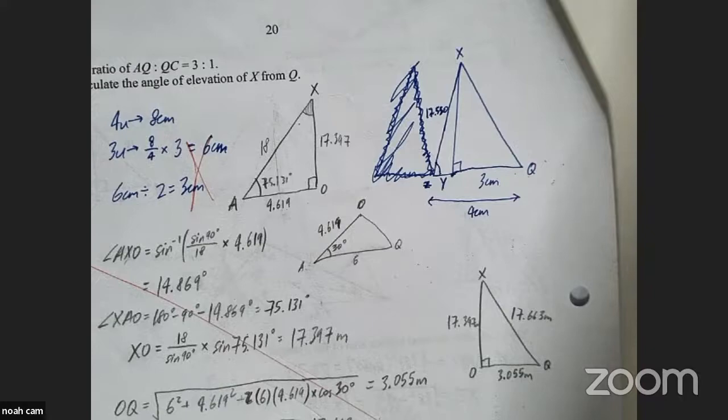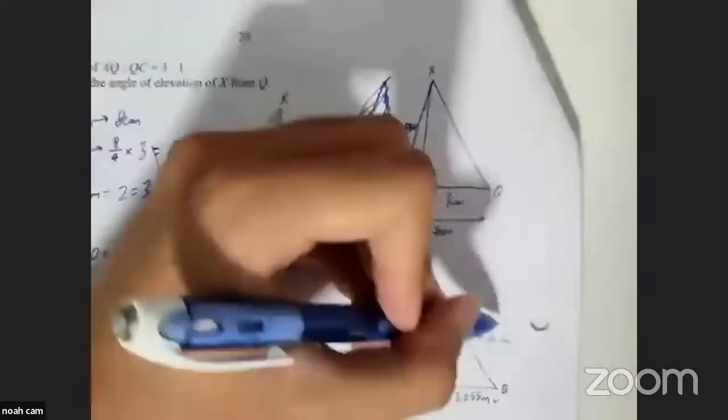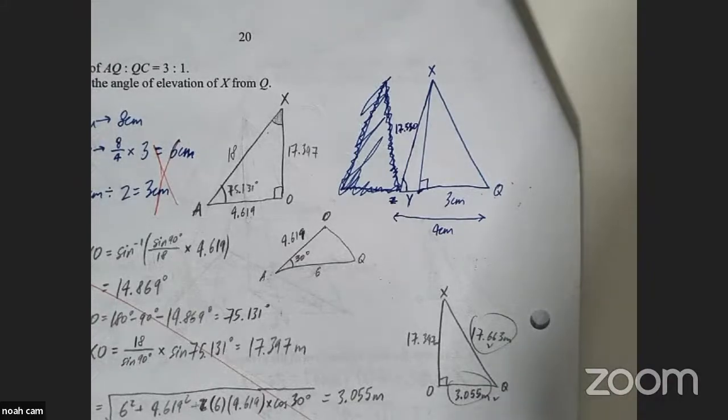That doesn't make sense. In XOQ, at that point, you know XO and you know the 90 degree angle. What else do they know? They know XQ. So think carefully, how come they know XQ? Obviously, if they have XQ, then you can use Pythagoras. That's obvious. But how come they have XQ?